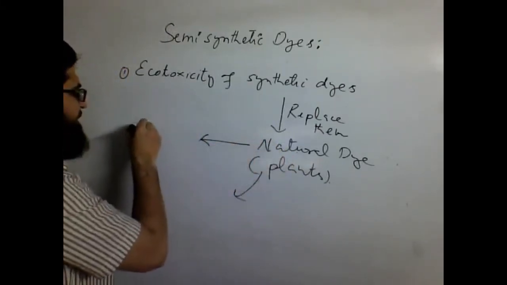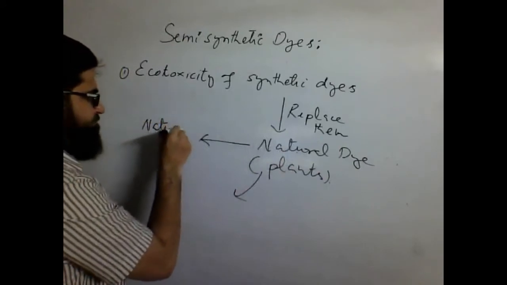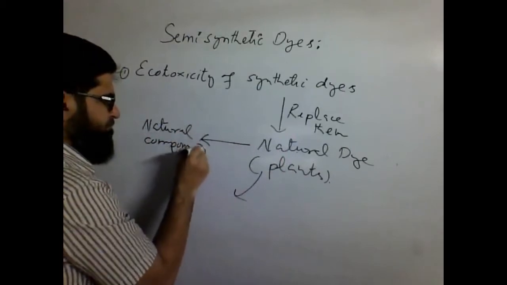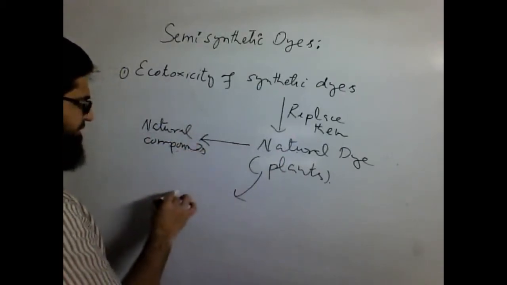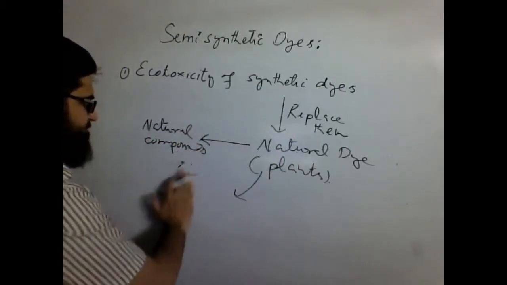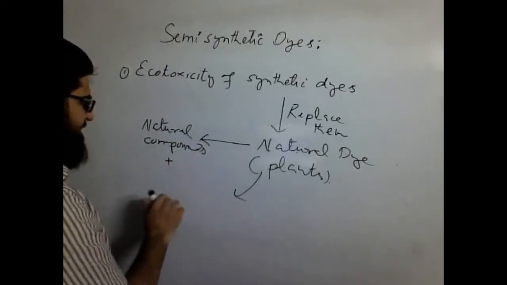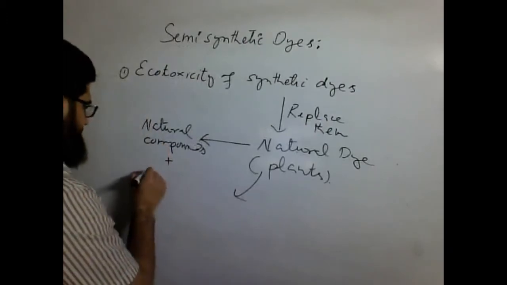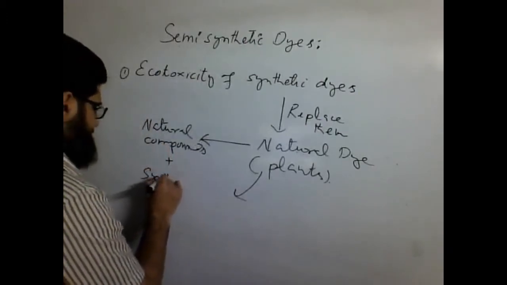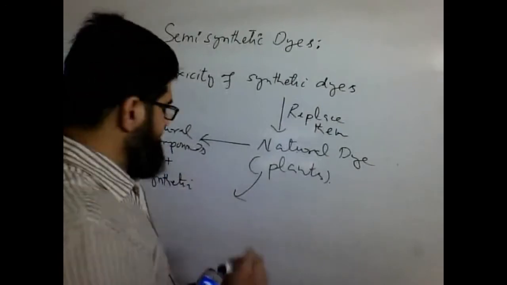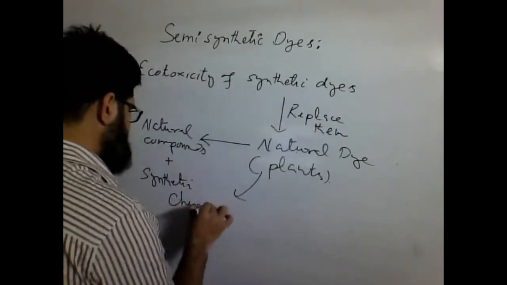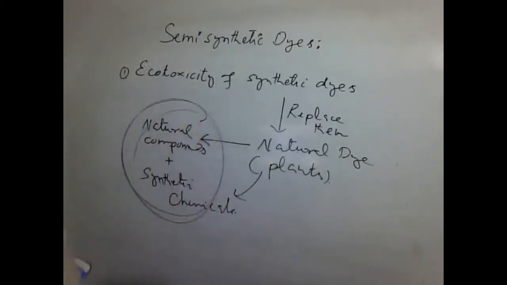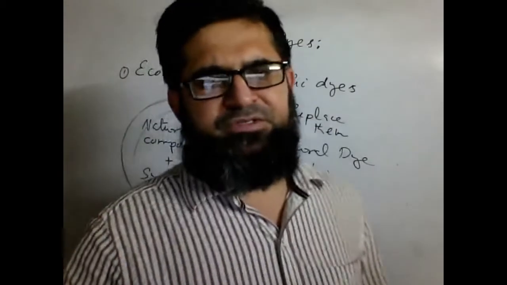We call them natural molecules, natural compounds, and then they reacted them with some synthetic chemicals, and as a whole they produce semi-synthetic dyes.